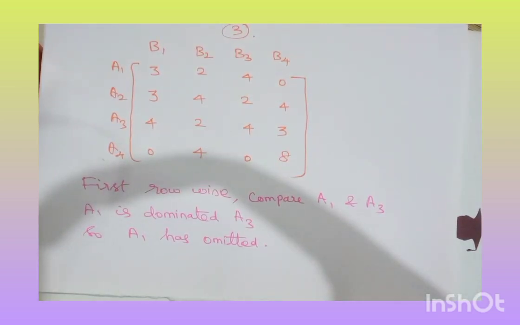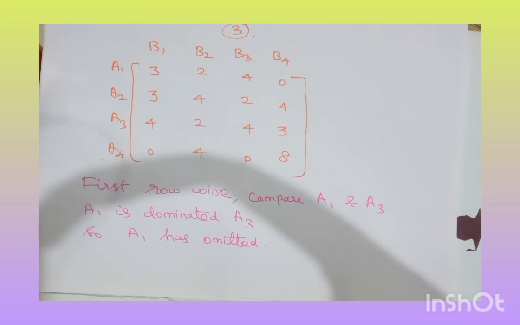Compare A1 and A3. First element, from A1 it is 3, from A3 it is 4, so A1 is smaller.